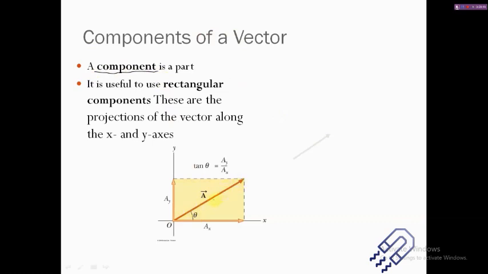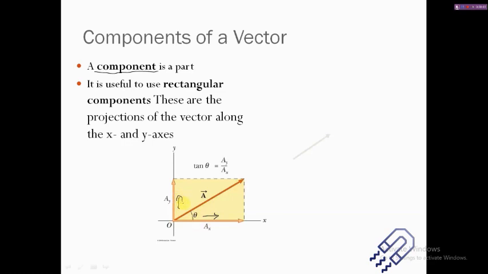Can you see this diagram? That means if it is moving at an angle theta with respect to the x-axis, it will have some movement along the x-axis, some distance covered along x, and some distance covered along the y-axis, correct? So it has covered a distance along the x and y axes.